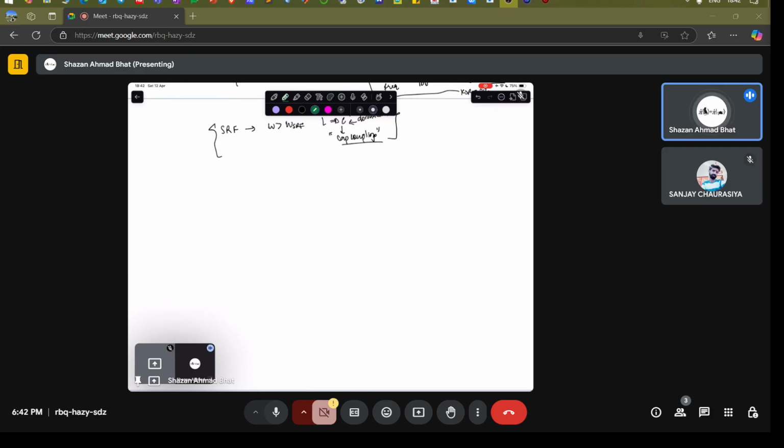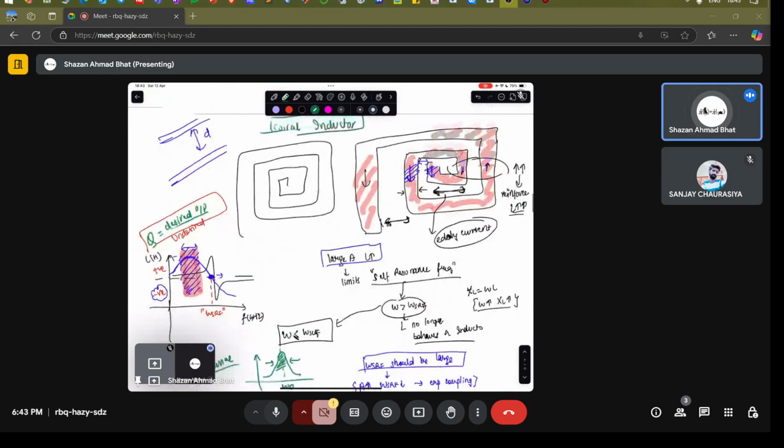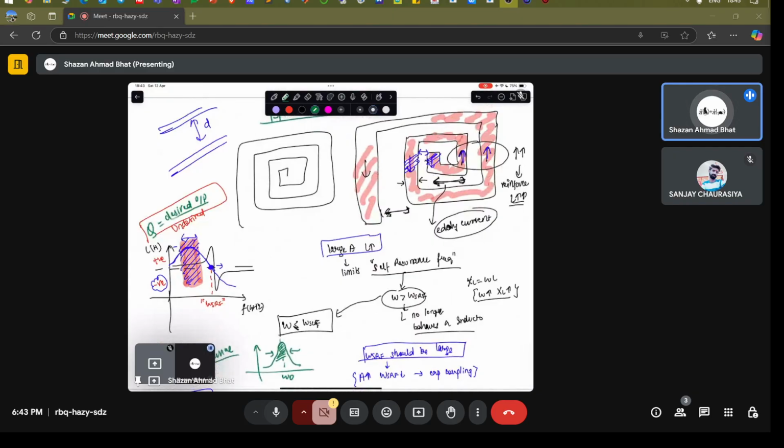What else is there? Ground plane. Okay, we talked about it. We also talked about the proximity effect. The proximity effect is this thing: the currents flowing in the same direction are reinforcing each other.